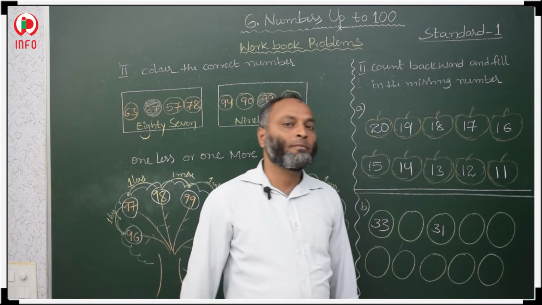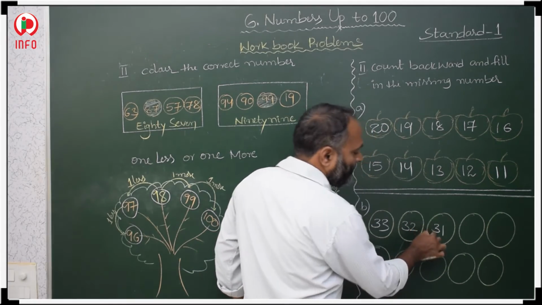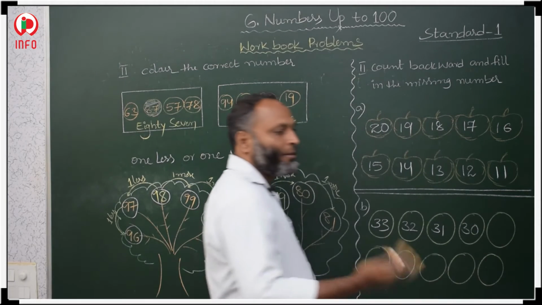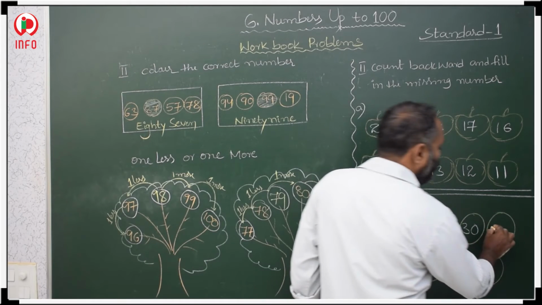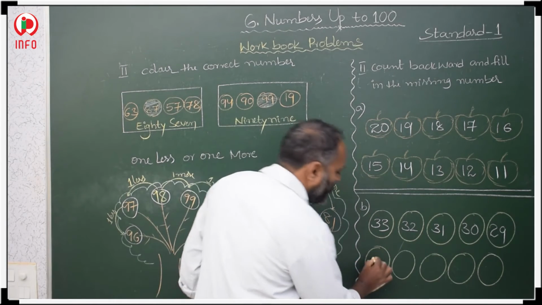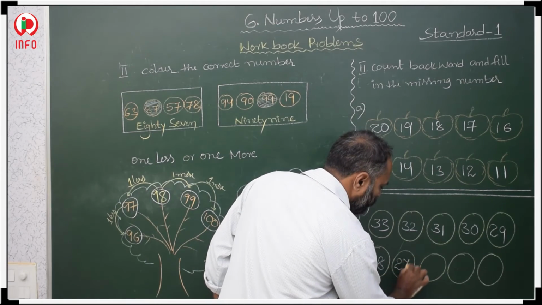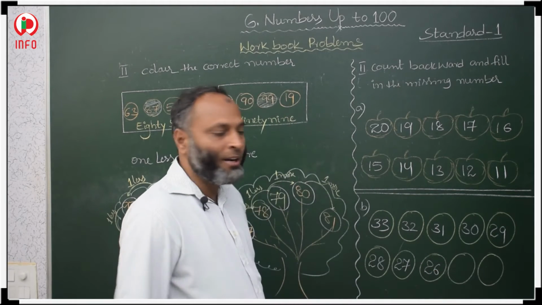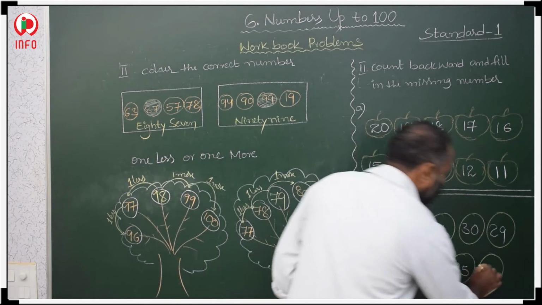20. Okay. Now in the second, 33, the before number is 32, 32 before number is 31, that is given. 31 before is 30, 30 before number is 29, 29 before number is 28, 28 before number is 27, 27 before number is 26, 26 before number is 25, 25 before number is 24.